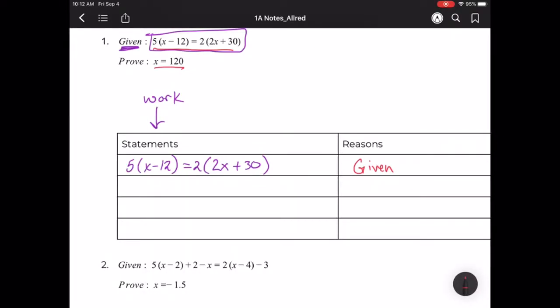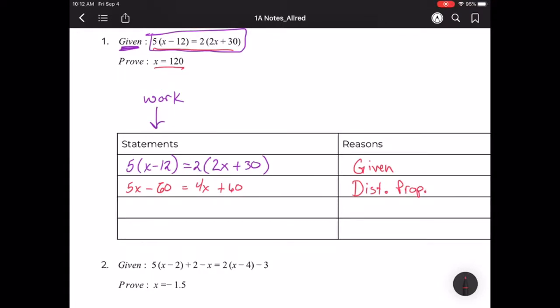When you do 5 into the first parentheses, you get 5x minus 5 times 12 is 60. Bring your equal sign down, distribute the 2 on the next side. 2 times 2x is 4x. Distributing 2 times 30 is plus 60. Okay? And the reason I can do that is because I use the distributive property. So I write distributive property.